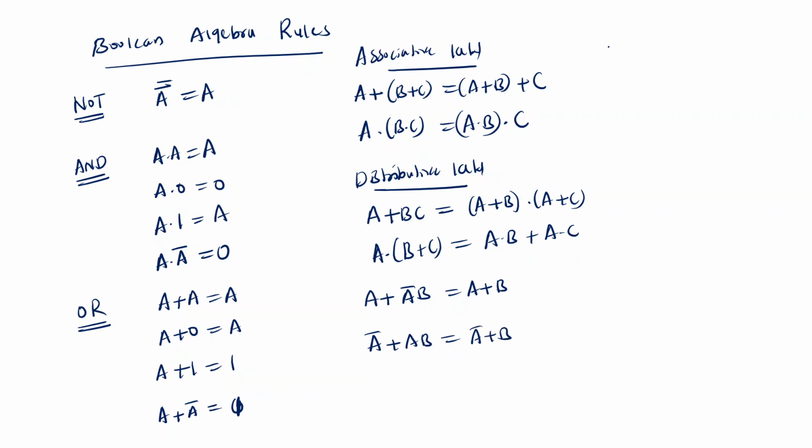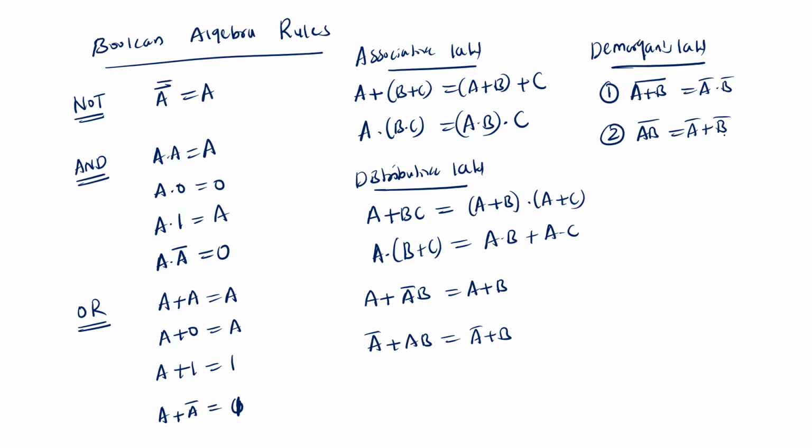Next you have De Morgan's law. There are two laws. One is (A OR B) whole bar equals A bar AND B bar, and the second is (A B) whole bar equals A bar OR B bar.